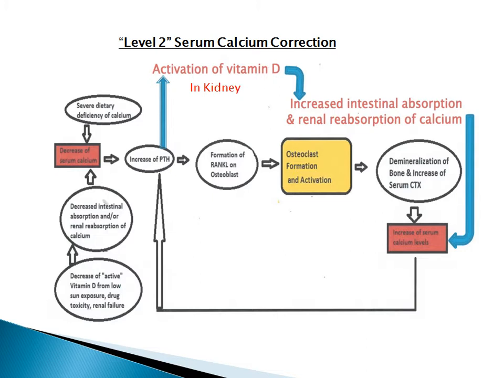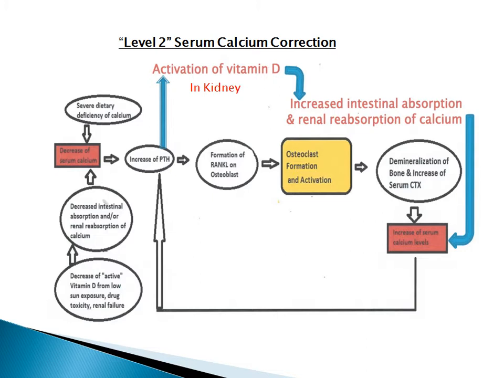When the level 1 doesn't correct the problem, the increased parathyroid hormone can also stimulate the formation of rank ligand on the osteoblast surface, and this rank ligand will interact with the rank receptor on macrophages and cause them to become osteoclasts. And the osteoclast then starts taking calcium out of bone, and hopefully that will correct the problem.